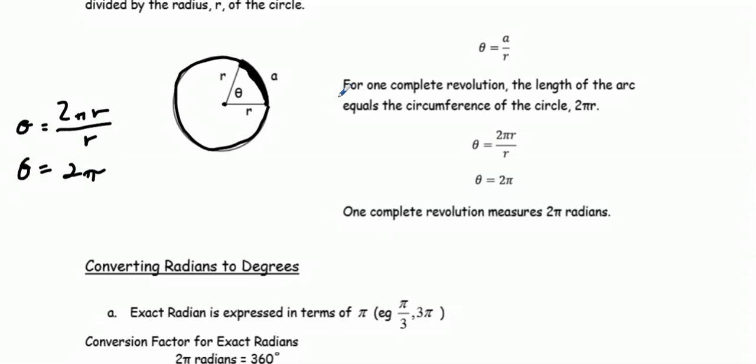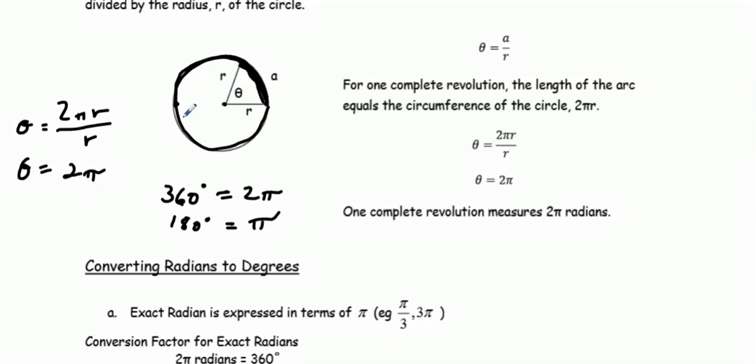So you should be comfortable knowing that 2 pi is equivalent to 360 degrees. And if we know that, then if you divide both sides through by 2, pi is 180 degrees. Pi is halfway around the circle, so 180 degrees is pi.